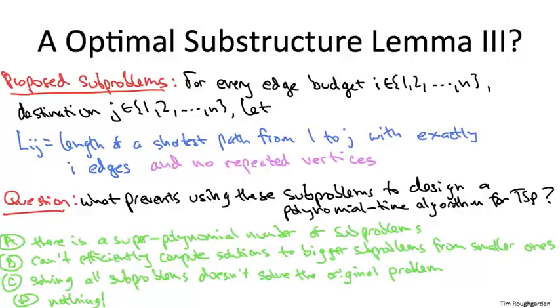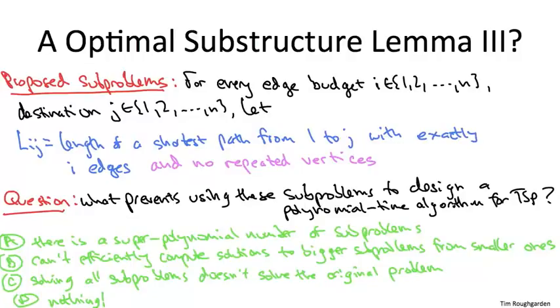There's going to be one for each budget i and one for each destination j. For a given i and a given j, the value of the subproblem is now defined as the length of a shortest path beginning at 1, ending at j, using exactly i edges with the additional constraint that no repeated vertices are allowed. The one exception being that if j is equal to 1, then of course you're allowed to have 1 at the beginning and 1 at the end. But for the internal vertices in a shortest path, we do not allow repeats.